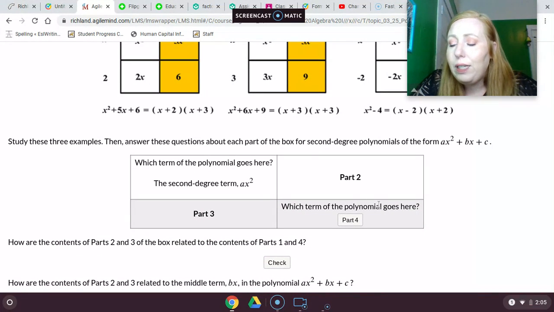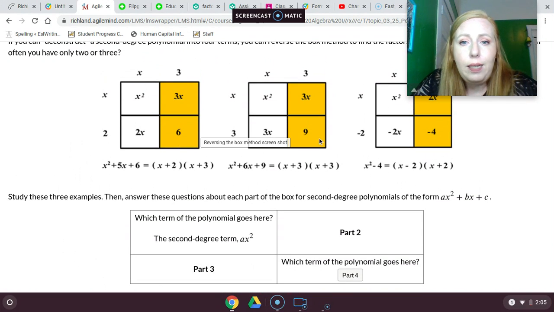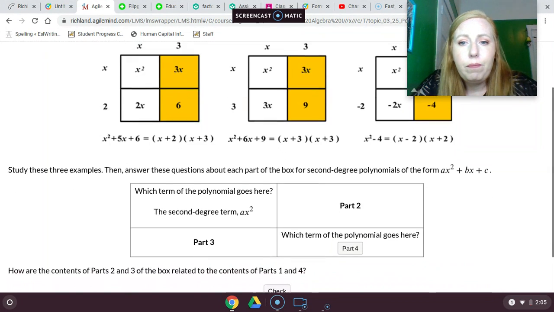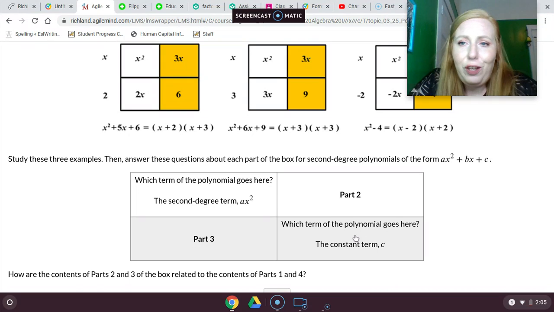Now what about this one? Which term of the polynomial goes here, in the very last square box? This one has a 6, this one has a 9, and this one has a -4. Is it the ax squared, the bx, or the c? Because I know how smart you are, I know that you chose c.